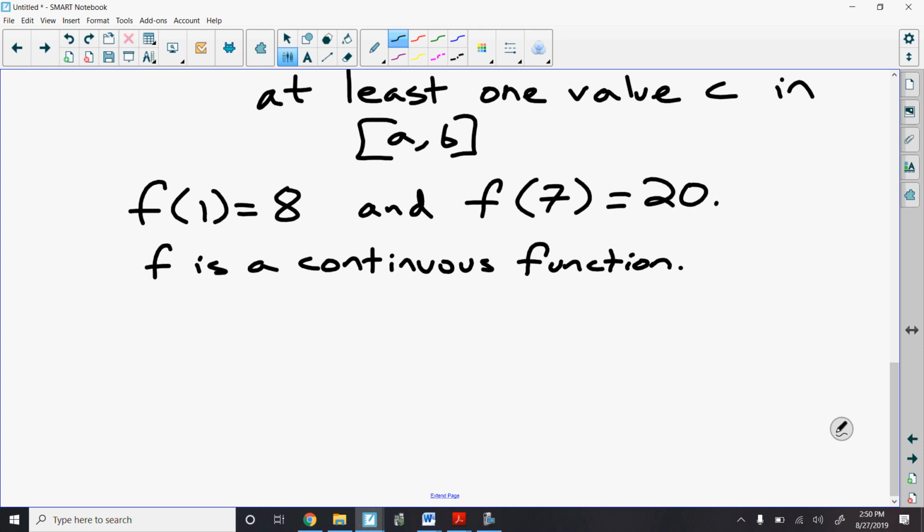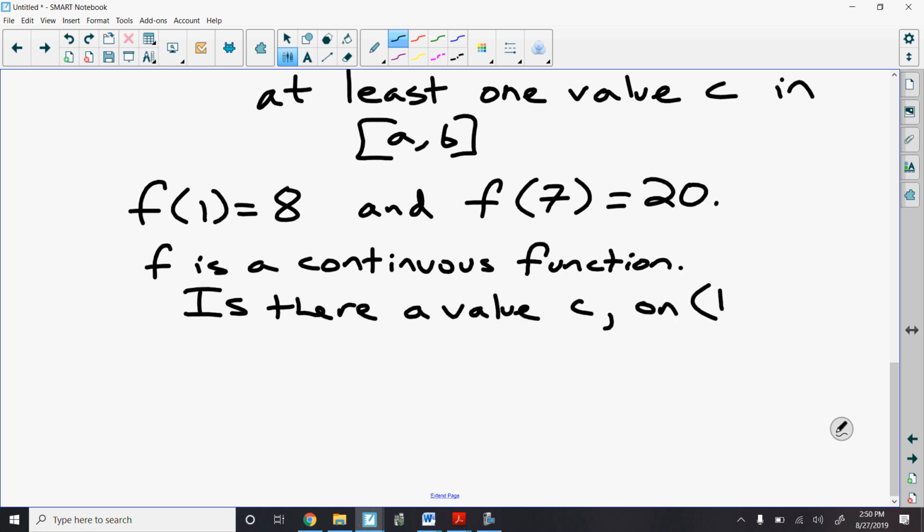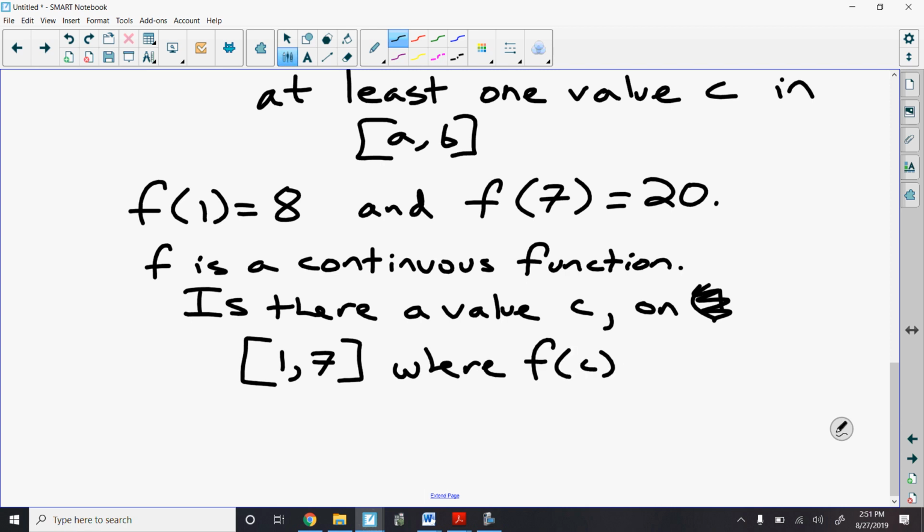Okay, so the question is, is there a value c on the closed interval [1, 7] where f of c equals 11?